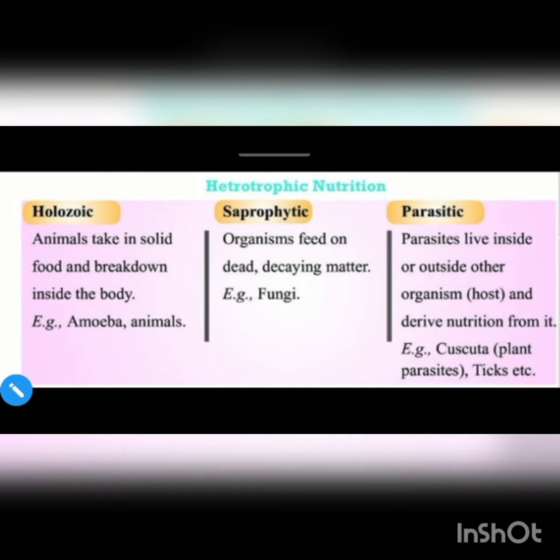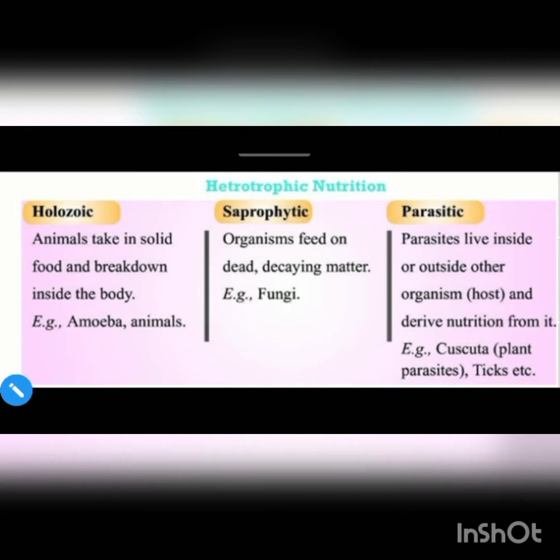Next comes Saprophytic mode of nutrition. Examples for this mode of nutrition are fungi, mushrooms, yeast, etc. In these organisms, they feed on dead or decaying matter. Here, the organisms break down the food material outside their body.